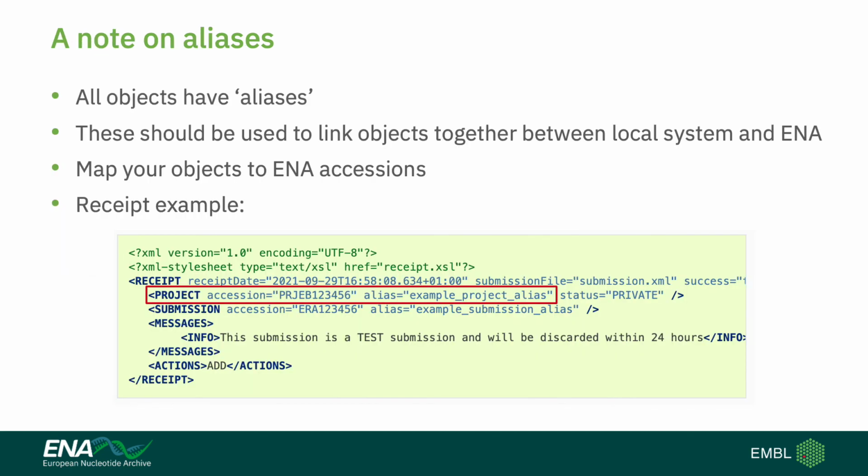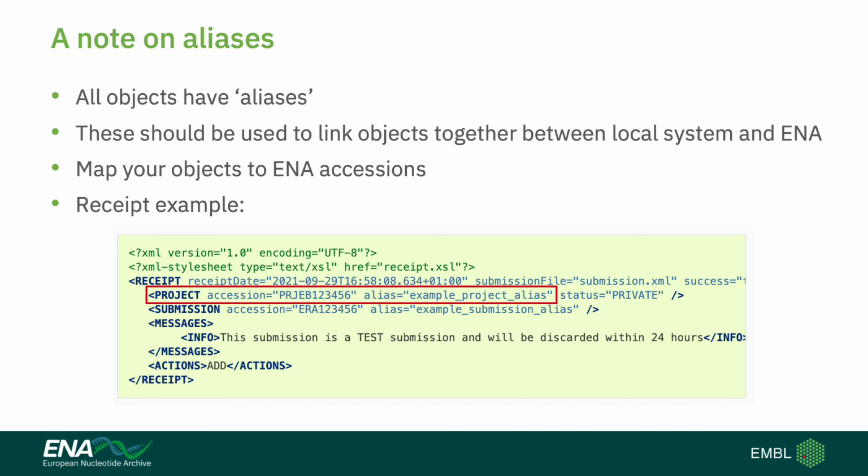And just finally, a quick note on aliases. You'll see a bit later when we do some example submissions that you can define an alias on most objects. We do this mostly to link objects together between your own local system and the ENA accessions.